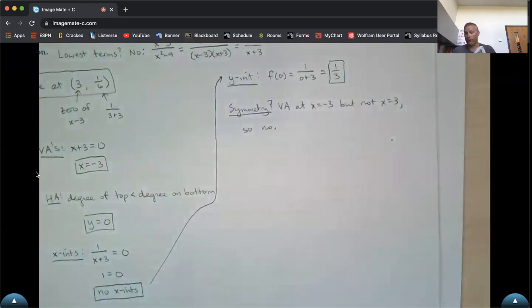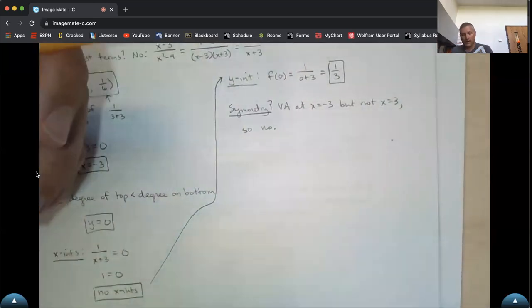We haven't seen it at all here. And even if it has symmetry, you don't even have to use the fact that it has symmetry. You can just still plug in numbers as needed instead of saying, well, if x equals 5, I know what happens at x equals -5, so I don't need to plug it in. It doesn't matter if you realize that or not. You can just plug numbers in all you want.